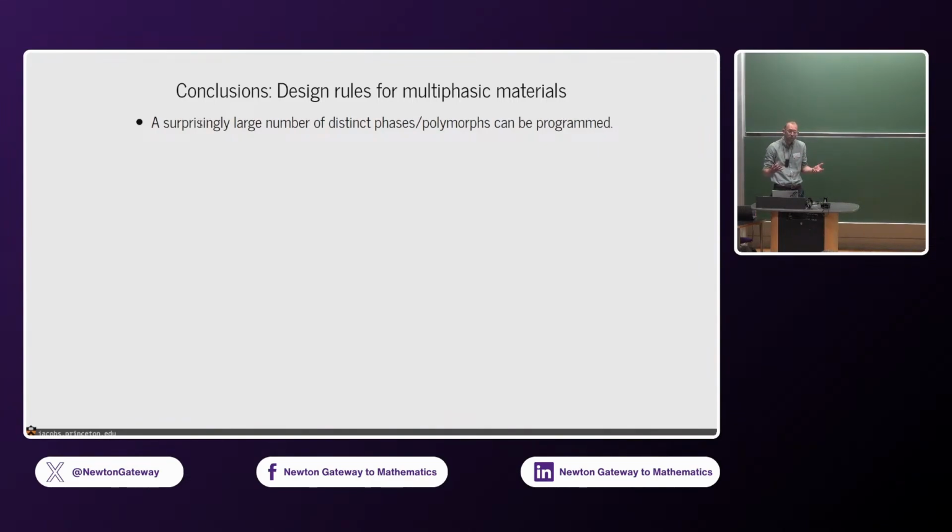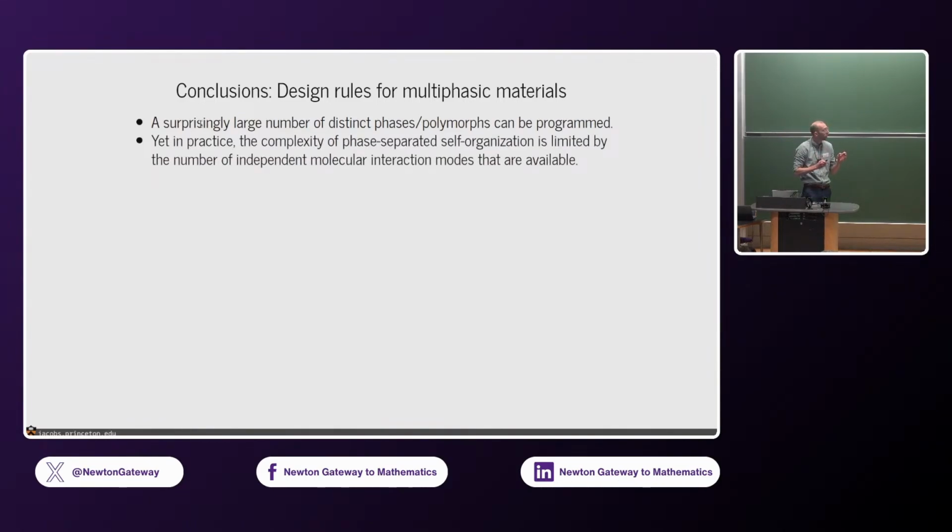That is, if you have the ability to completely and independently tune all of the elements of your interaction matrix. Right? In practice, the number of independent molecular interaction modes tends to actually limit what you can achieve because of your limited ability to design all of the interaction elements of this matrix independently.